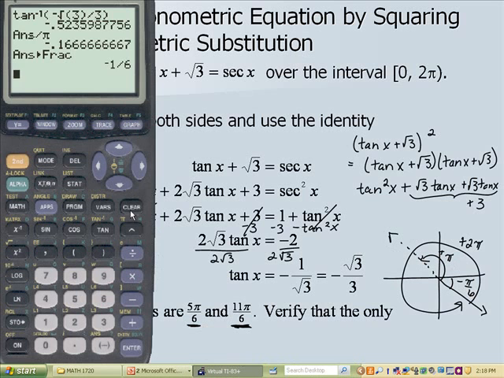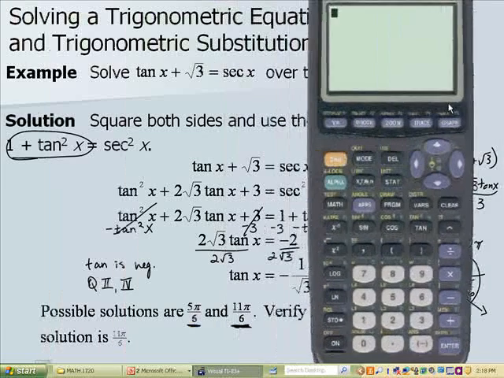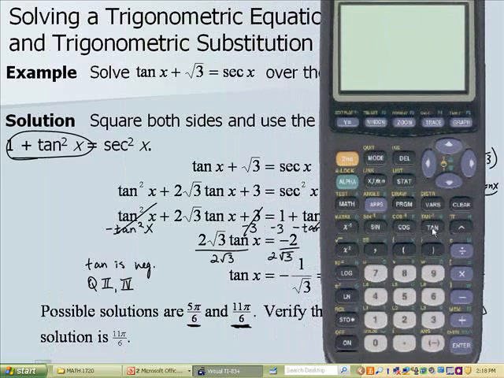Now to verify our answers, which we have to do whenever you square, we want to plug in to our original equation. So we have the tangent of x, so we'll do tangent of 5 pi over 6 plus the square root of 3.